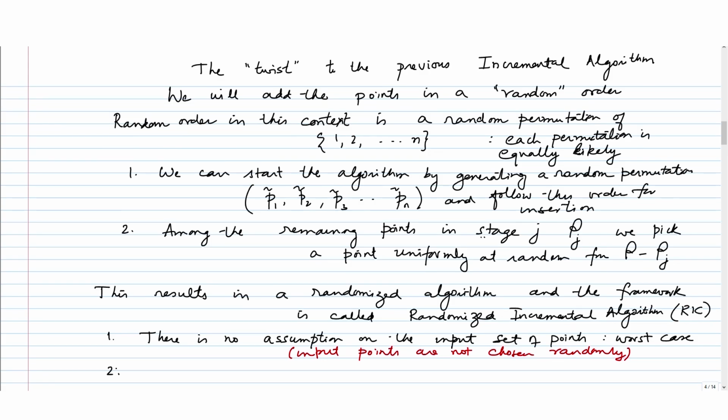Let me just write this. The running time would depend on the order of insertion. Okay. How is it so? Well, to give you a simple example, maybe I can just use a linear ordering.